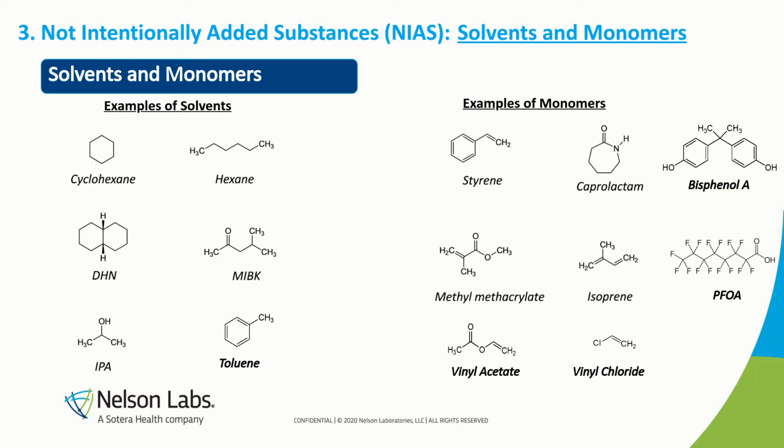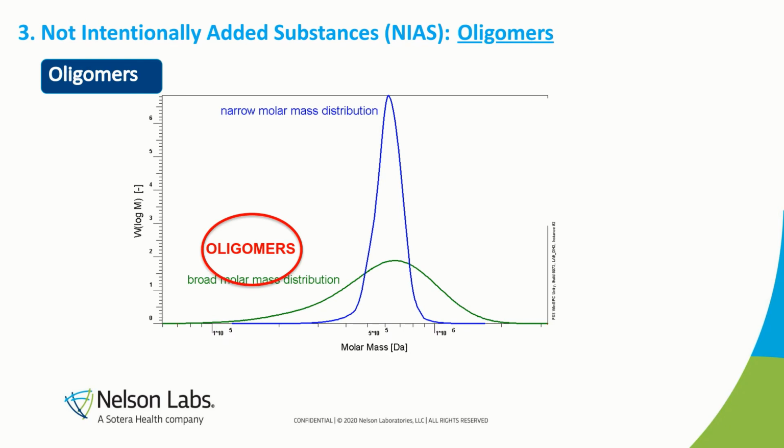And of course, as a result of the polymerization process, you will see some monomers. In polystyrene, you may see some residue of styrene, or in polyisoprene rubber, isoprene. Every monomer is related, of course, to its respective polymer.